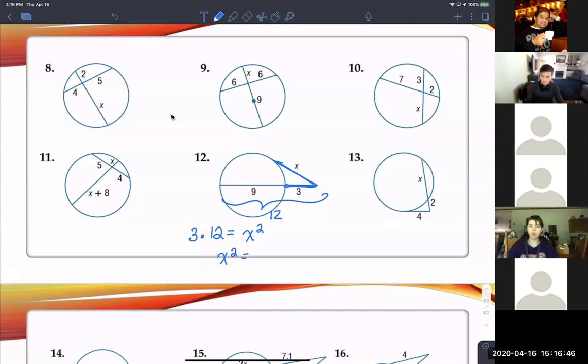So x squared equals 36. x is equal to 6. So remember, this is tangent, so tangent times tangent equals piece to the circle times the entire line segment, which is 3 plus 9, which gave me 12.